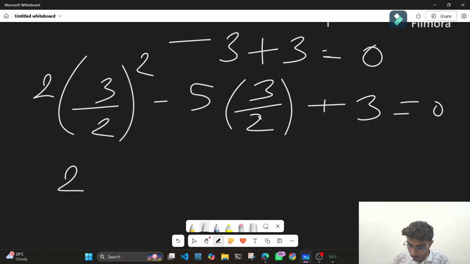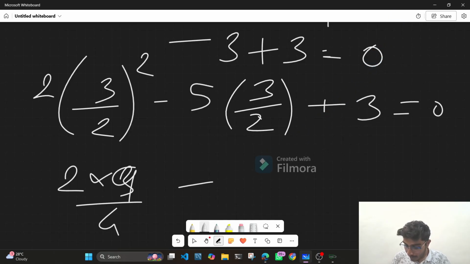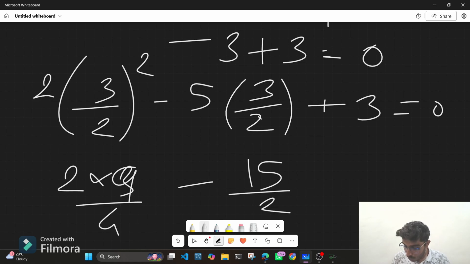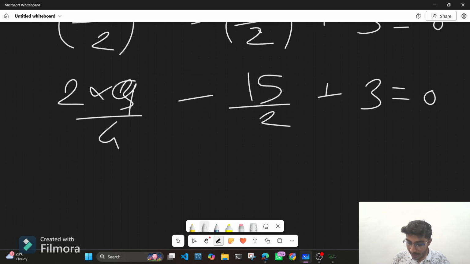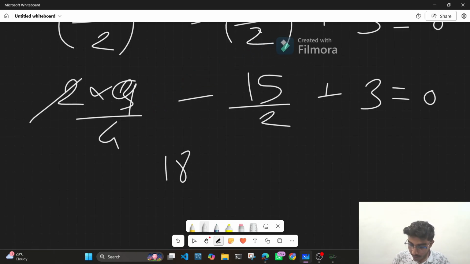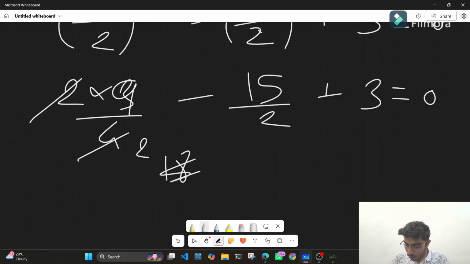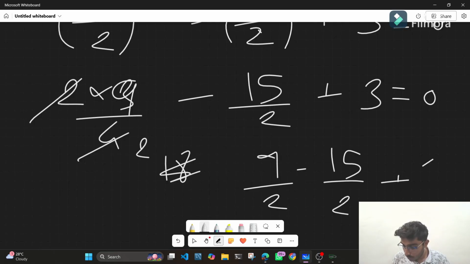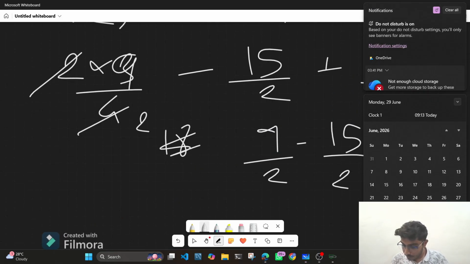So therefore 2 into 9 by 4 minus 15 by 2 plus 3 equal to 0. So 9 upon 2 minus 15 upon 2 plus 3 equal to 0.